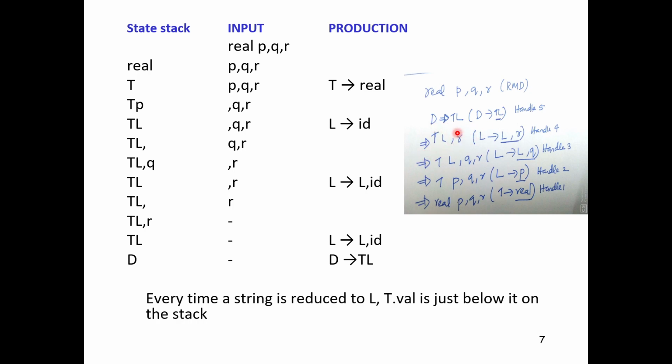Then again the rightmost non-terminal is L, which is replaced with L, R. Instead of ID we are directly giving the R, Q and P values.